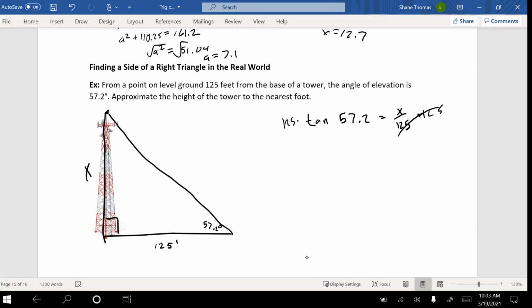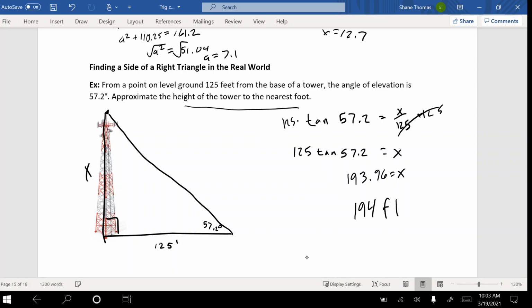Now it's just calculator time. Tangent of 57.2 times 125 is going to be what? 193.96. And it says approximate the height of the tower to the nearest foot. So what would our final answer be? 194 feet. Correct.